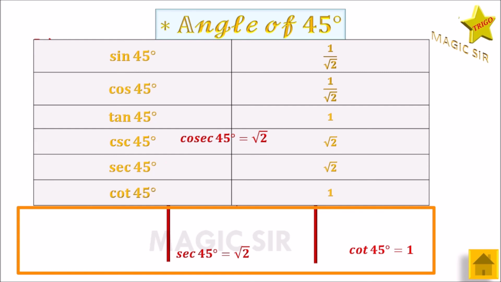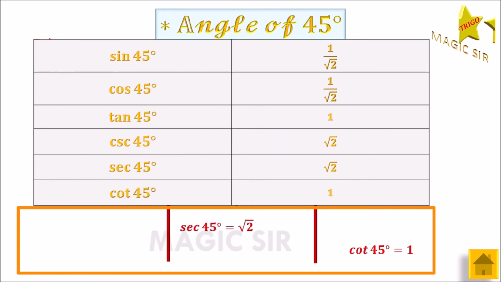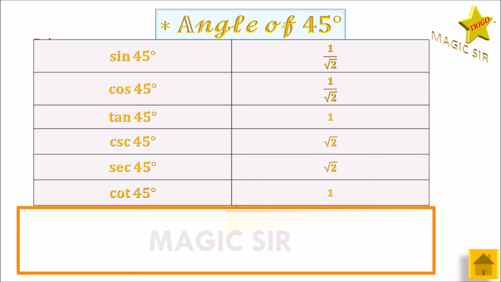Cosec 45 degree equal to root 2. Sometimes we write CSC instead of cosec. So CSC 45 degree equal to root 2. Sec 45 degree equal to root 2. And finally cot 45 degree equal to 1.